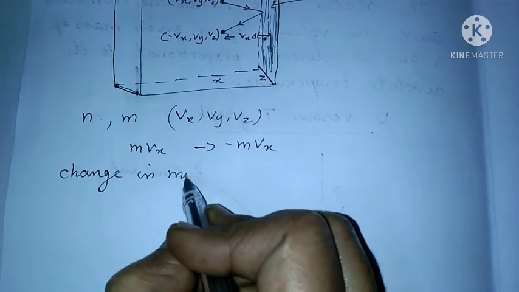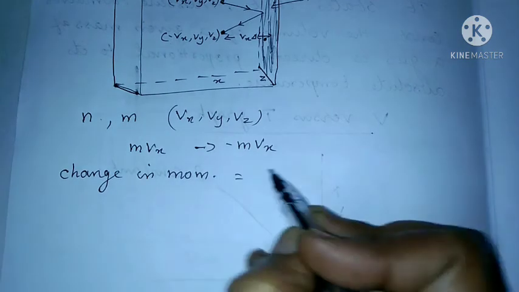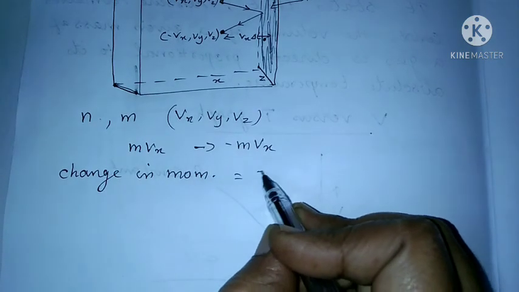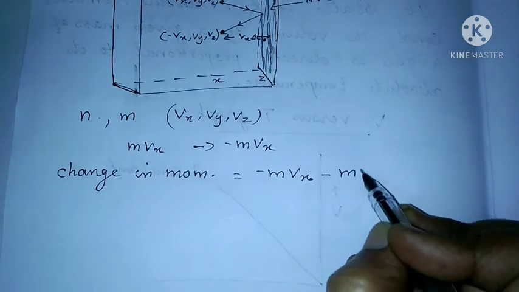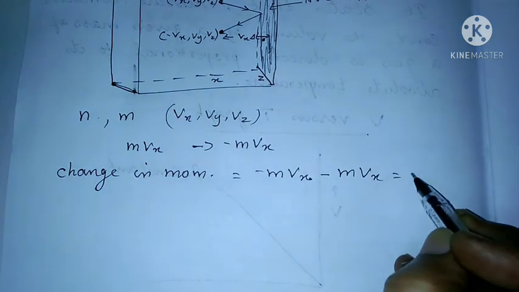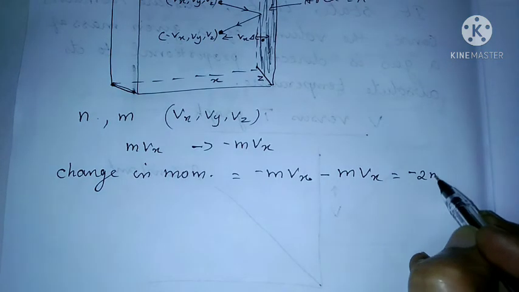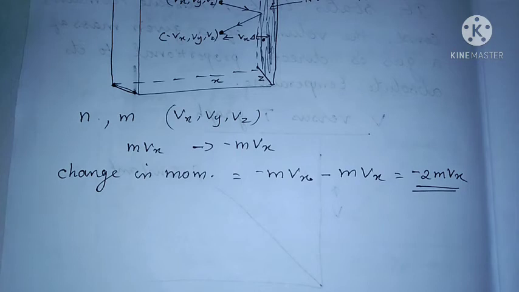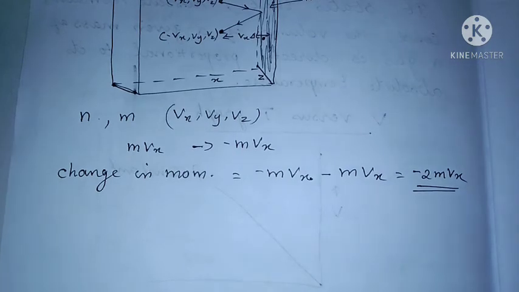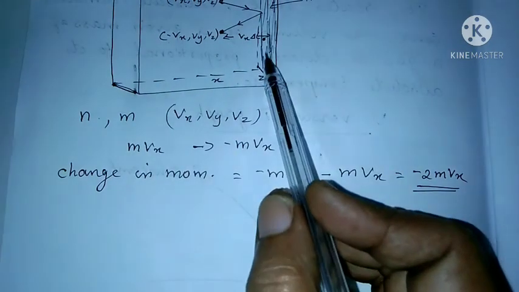That is final momentum minus initial momentum. Here the final momentum is minus mvx, minus the initial momentum mvx, so we get minus 2mvx. This is the change in momentum of the molecule when it hits the wall in this shaded portion.